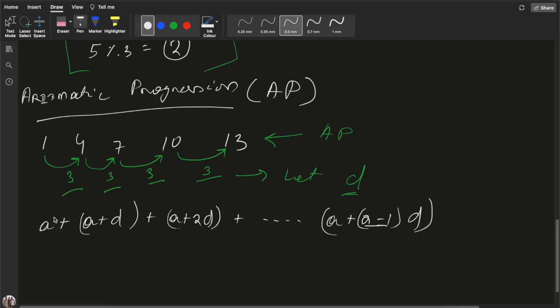Because here it will start with 0. That's why it is N minus 1.